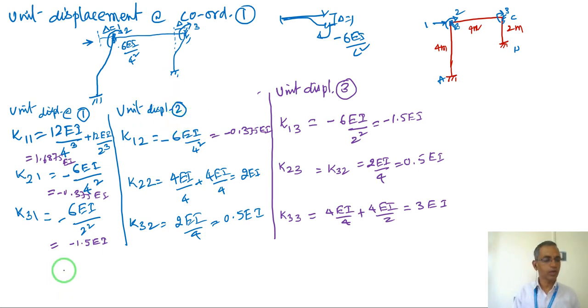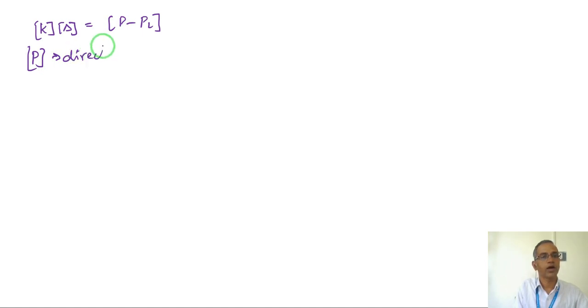So simply now taking the equilibrium equations, which is K times delta is equal to P minus PL. Now the question comes, what is P here? P is the direct load applied, direct forces in coordinate direction.